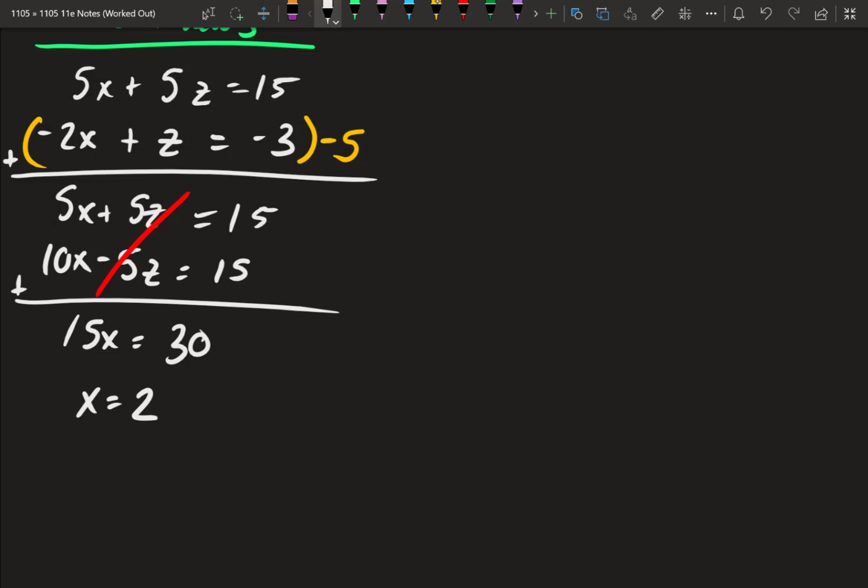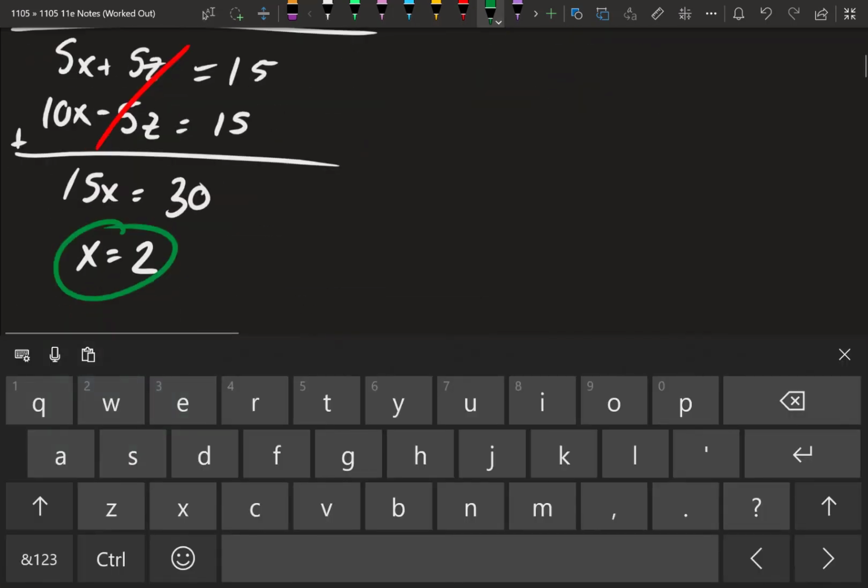Now that we have x is 2, we're going to plug this into one of the new 2's, our new 3's. So the one I chose to plug into was the top one. Why? Because it's positive. That's the only reason why. So I'm going to take my top one, which is 5x plus 5z equals 15. I have x. I just found it. So I'm going to plug it in.